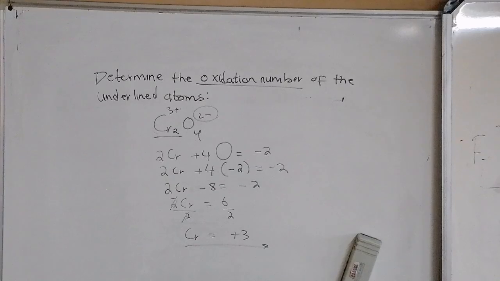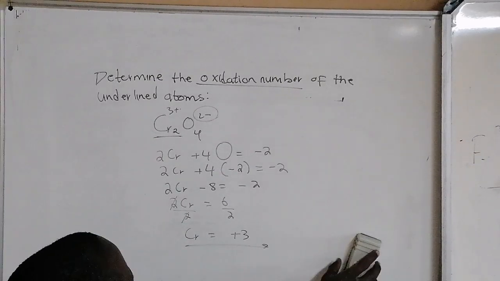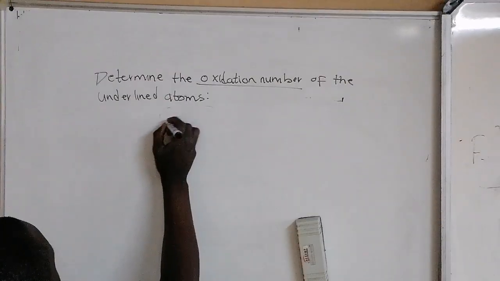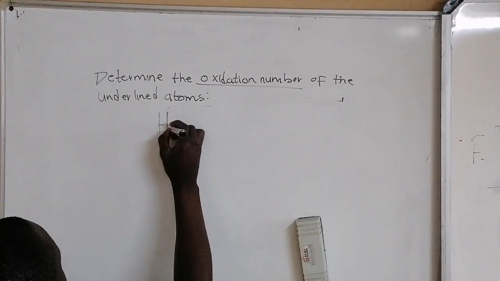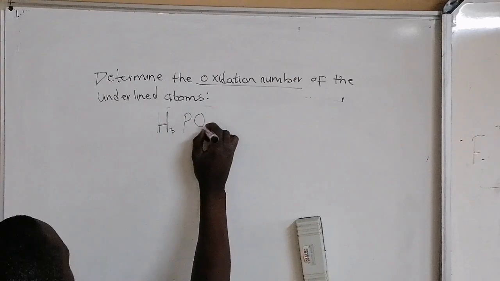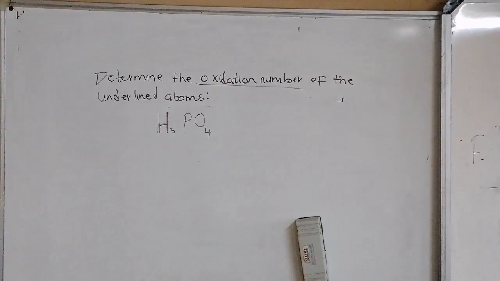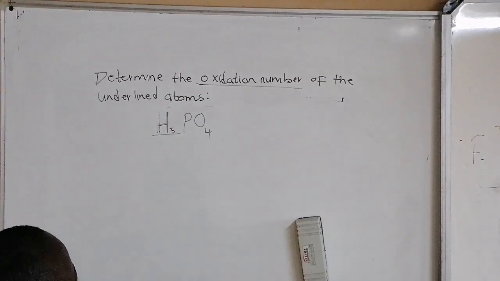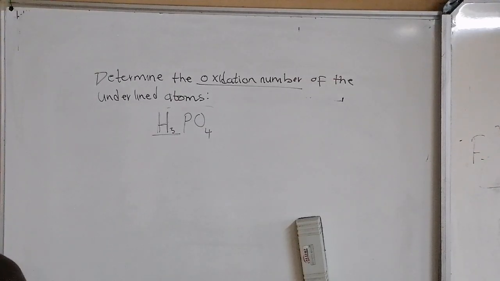So H3PO4. Find the oxidation number of H, the underlined atom.